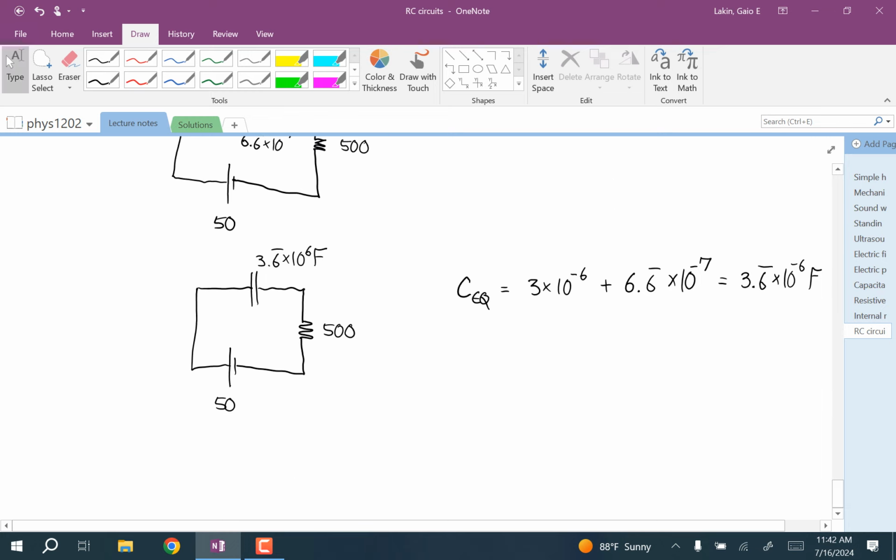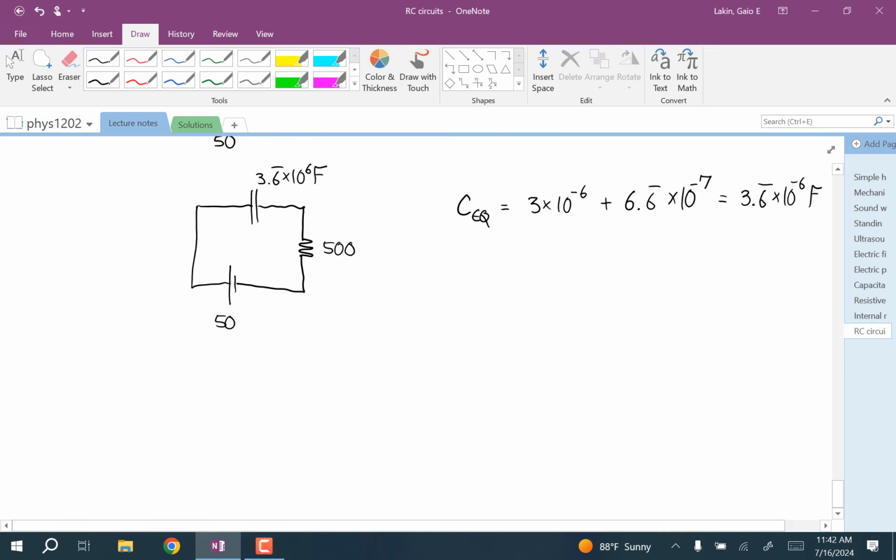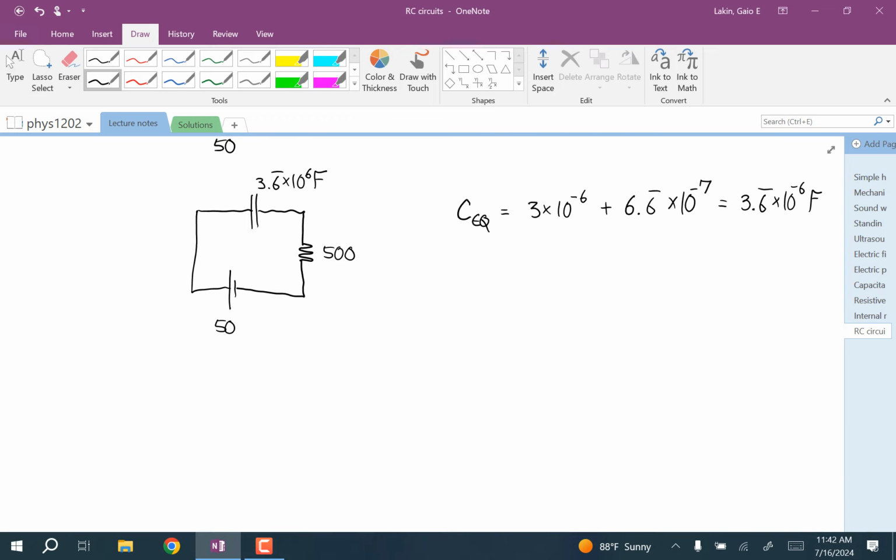And now finally we have the case that all our equations are for. We have a battery, a capacitor, and a resistor in series. And so now we can calculate the current. This is the charging case, remember. So the current is equal to the EMF over the resistance times e to the negative t over RC.